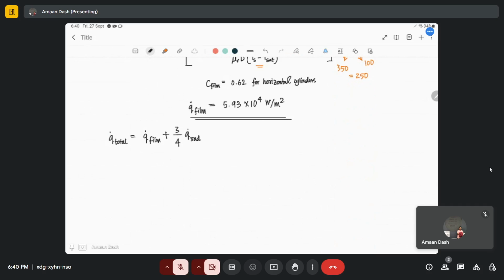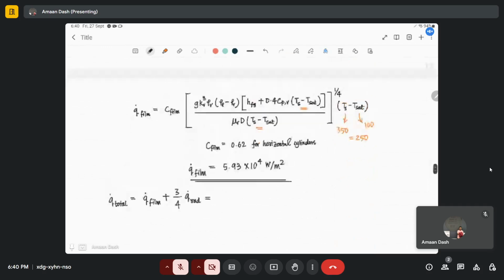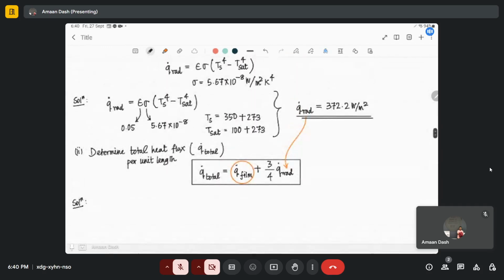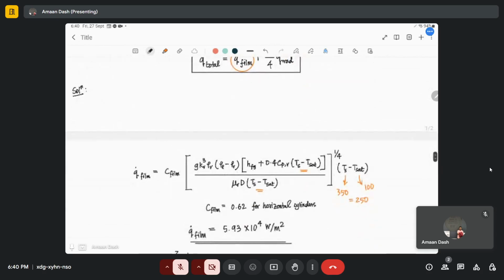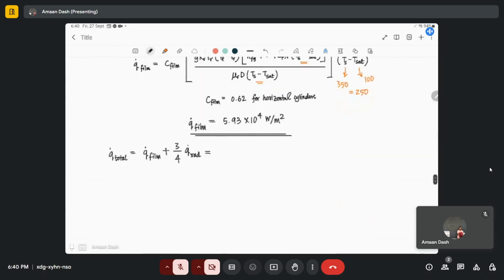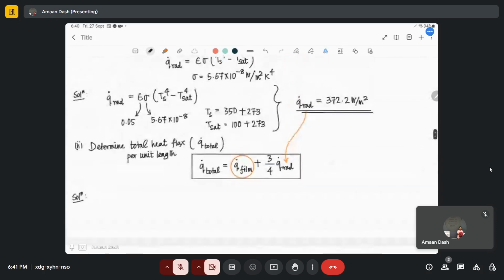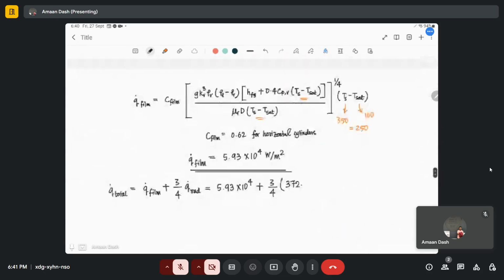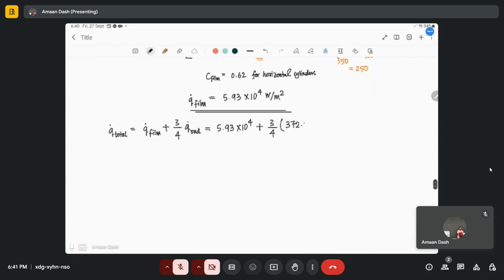So this is 5.93 times 10 to the power of 4, plus we have 3 by 4 times 372.2.